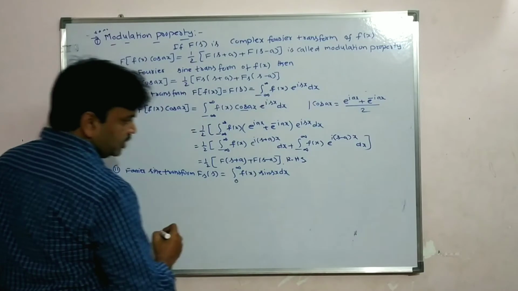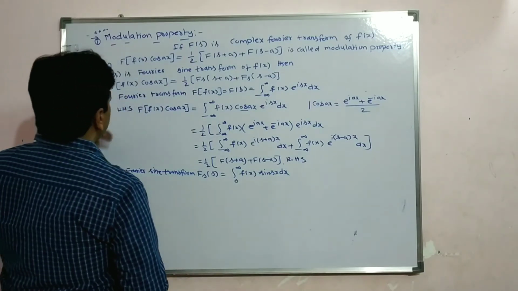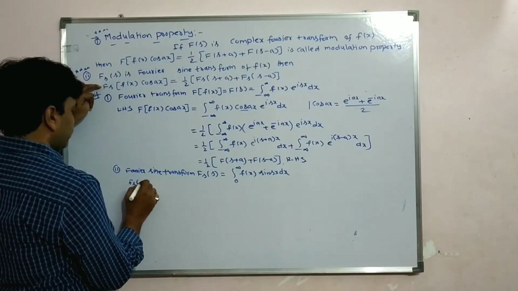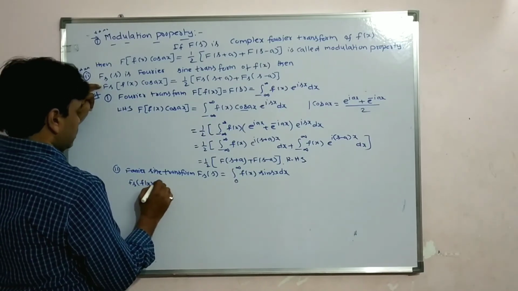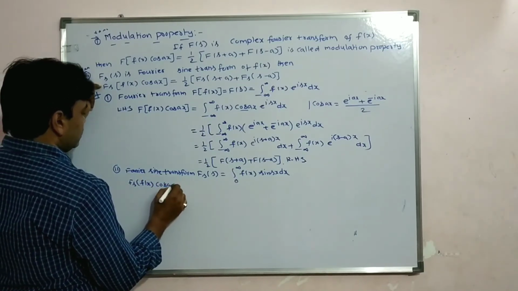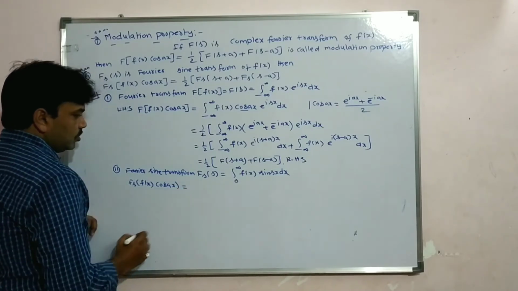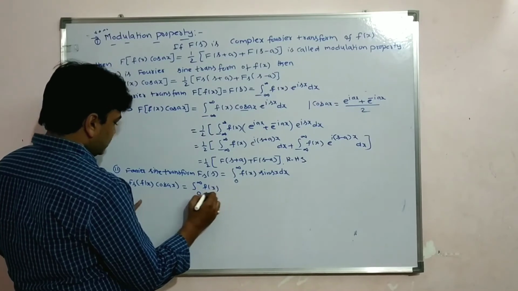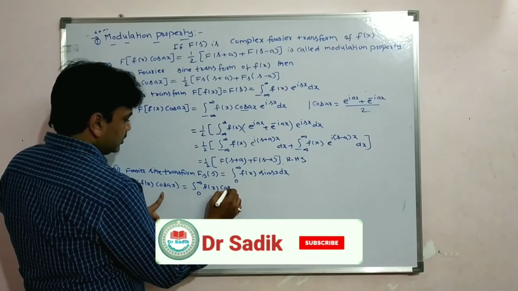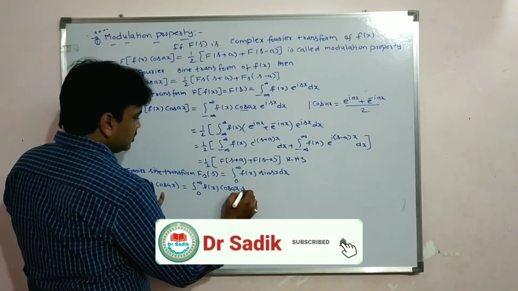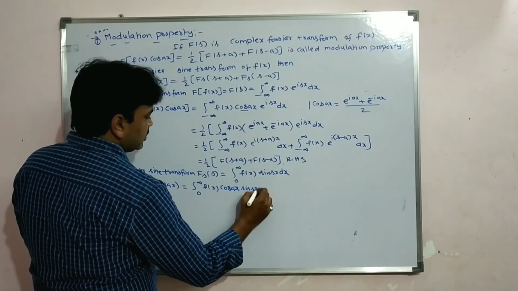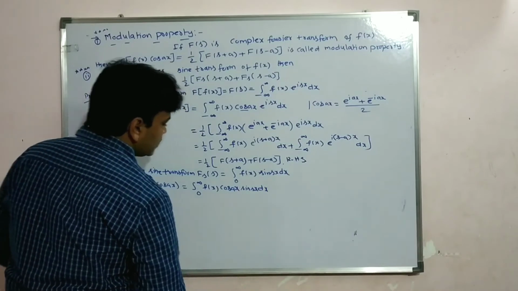Now we have Fs of f(x) cos ax, which is equal to the integral from 0 to infinity of f(x) cos ax sin sx dx.